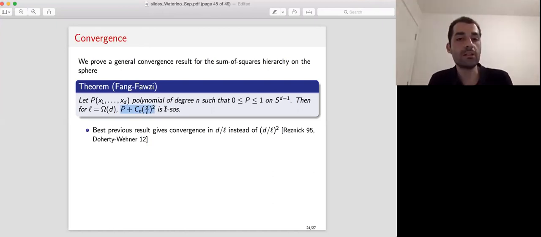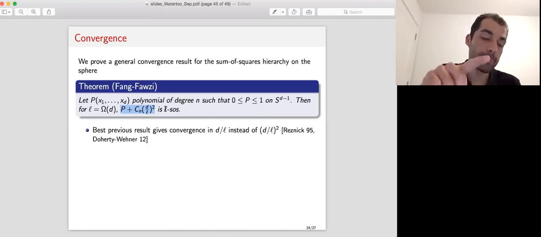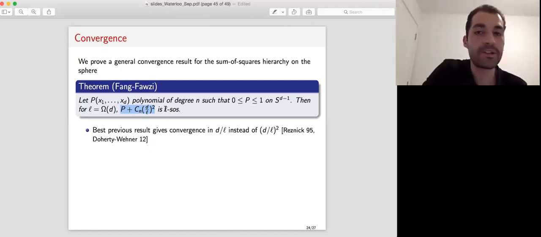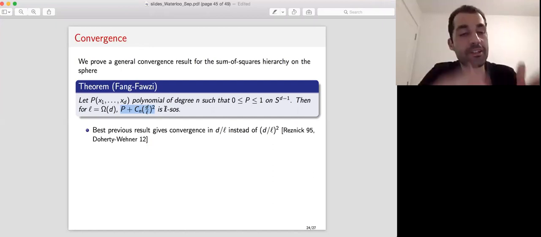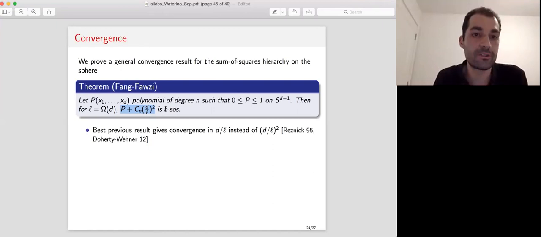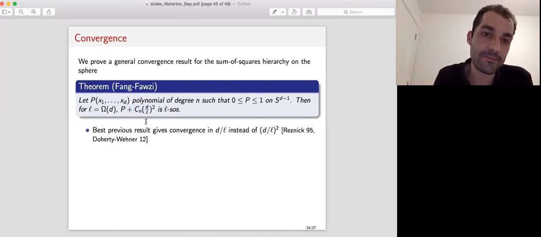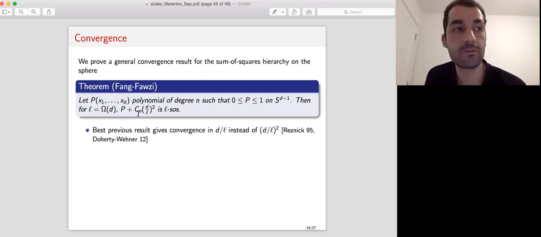Okay, so L-SOS means that essentially if you pre-multiply it by the norm of x squared, to the power L, it's going to be a sum of squares. Meaning that the Lth level of the sum of squares hierarchy will be able to certify a minimum of minus C_n times d over L squared.